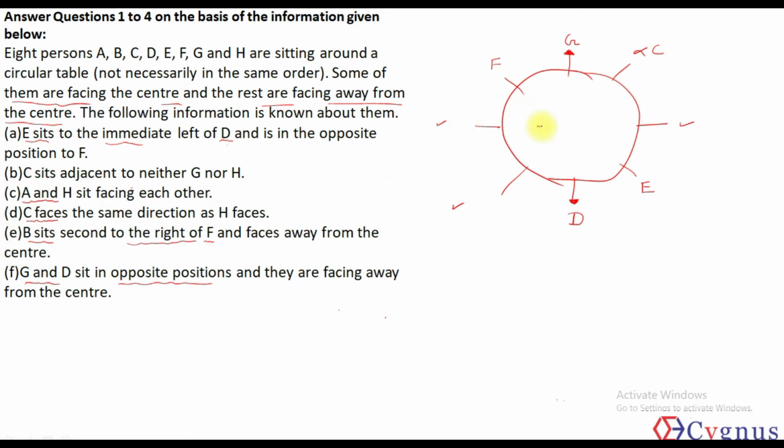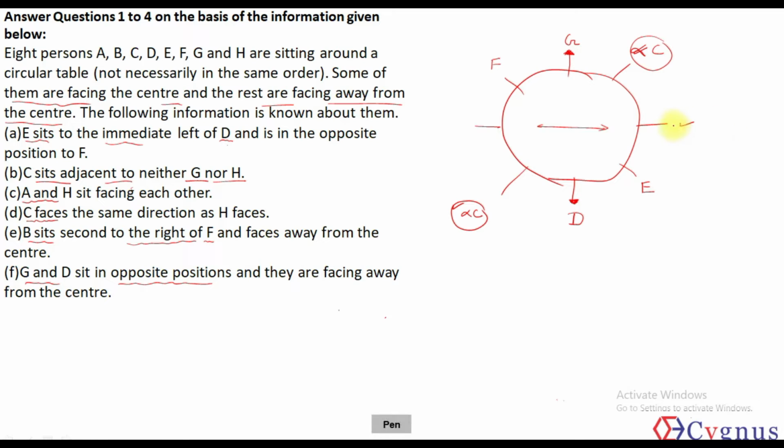If I put A and H at these 2 places in some order, if you try to put H here and A here, then there won't be any possible cases for C, because if H takes this place, you cannot accommodate C here. In that case, you cannot accommodate C here also, because C sits adjacent to neither G nor H. If H takes this place, C won't be placed here. You cannot put C here. Now there is no place left for C. That means I cannot put H here. Yes or no? So let's remove this one.